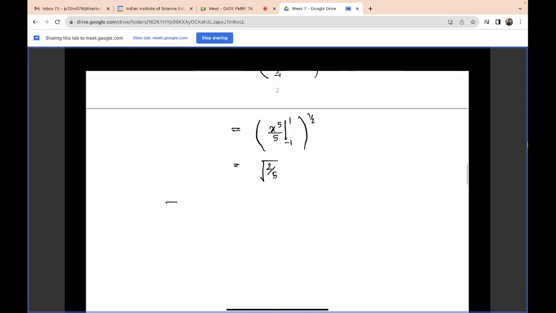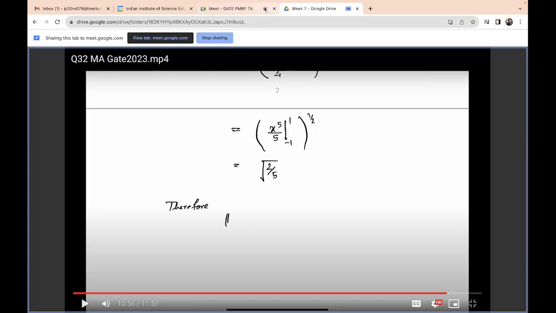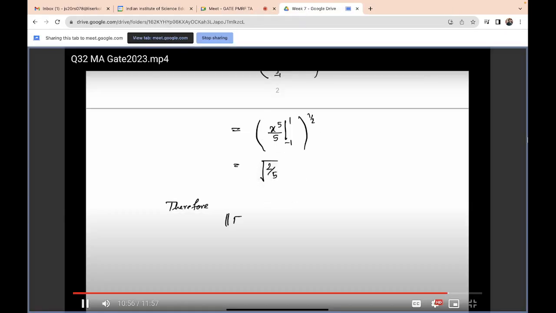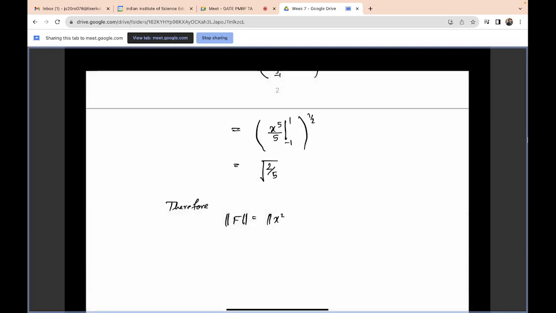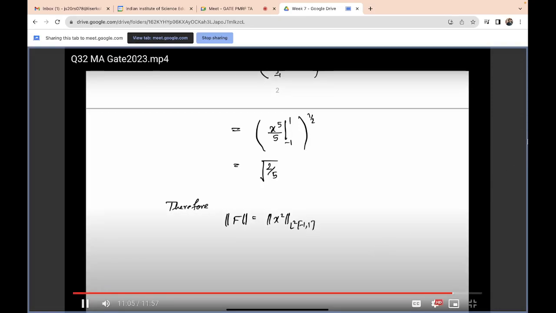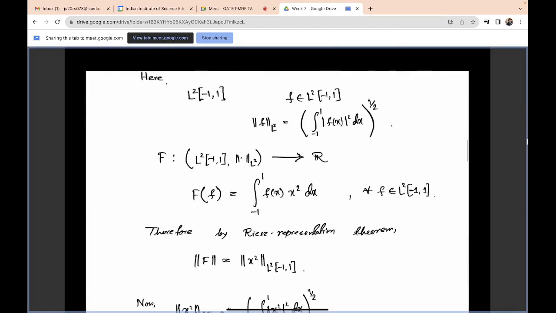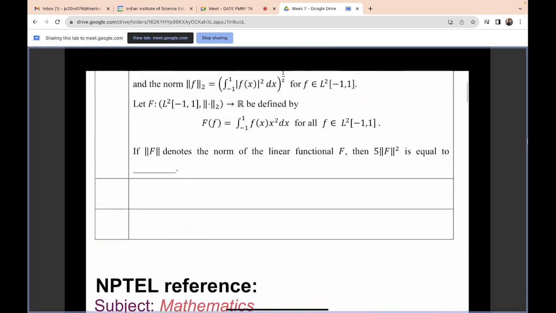So therefore the norm of F, which is the norm of x squared, the functional norm, is the square root of 2 by 5. Now let's see what we have to find.